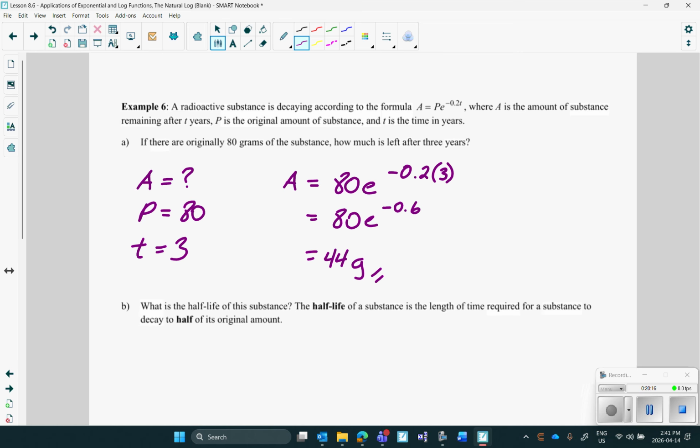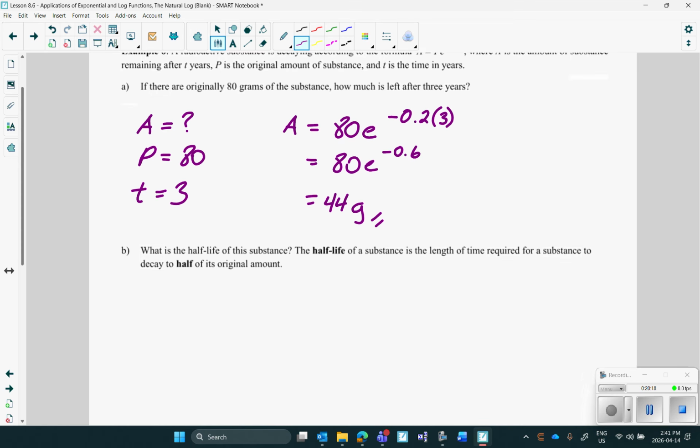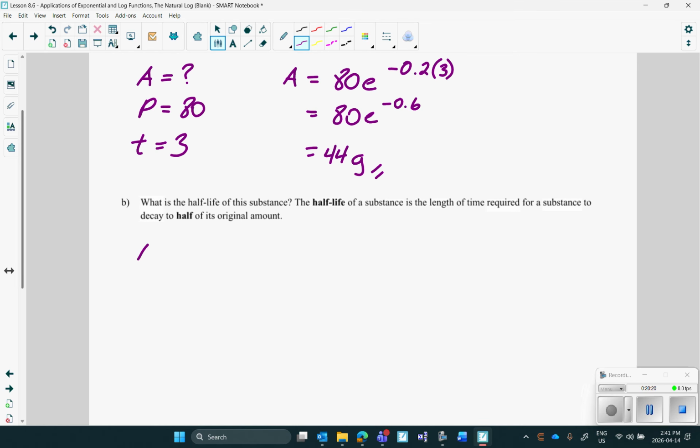What about if we're asked to solve an equation? So this time, P is still 80. T is 3. If we are looking for the half-life of a substance, how much would A be? 40, right? Because it's half of whatever we started with. That's how you find the half-life amount.